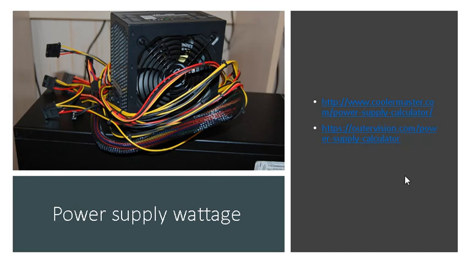Another one is Outer Vision, which has a power supply calculator as well. You can easily just go to these websites and enter the information about your computer, for example, your CPU, your graphics card, and anything that you have used in your computer, and it will give you the rating of what wattage you need for your computer.